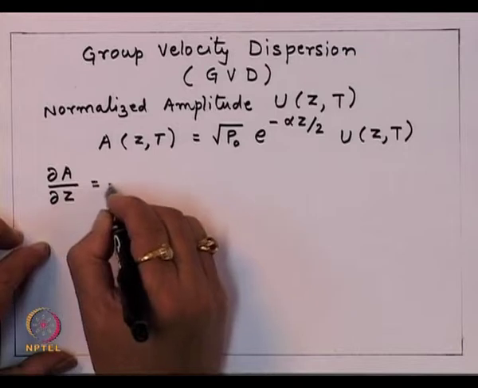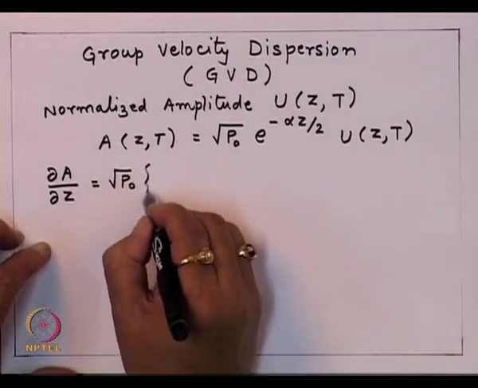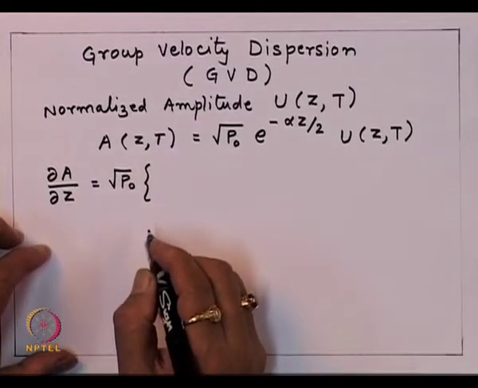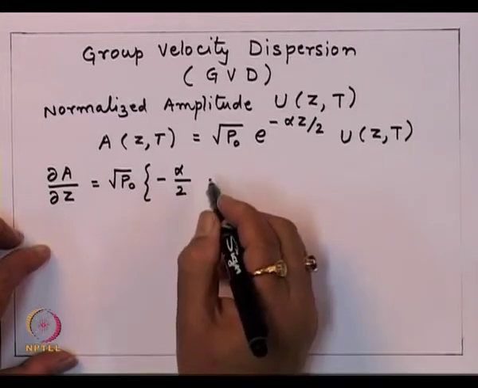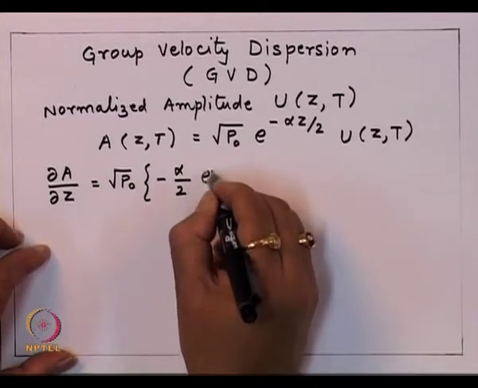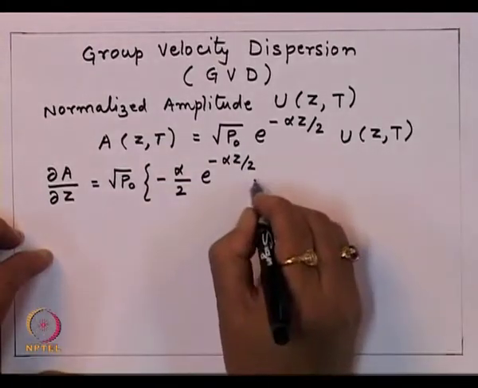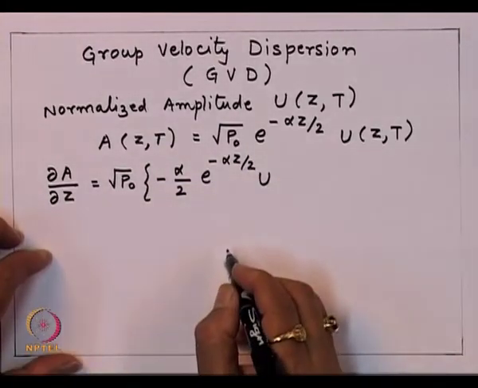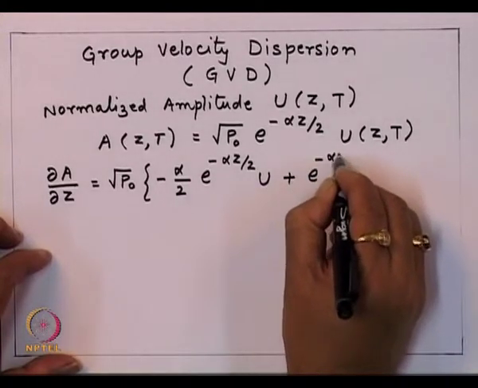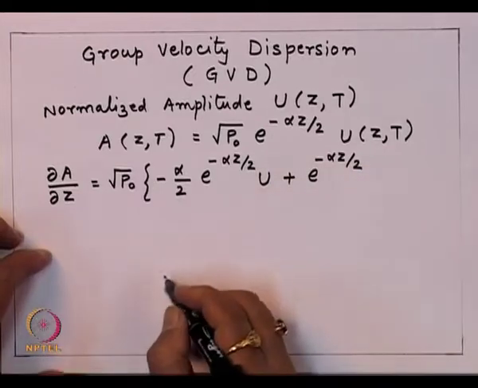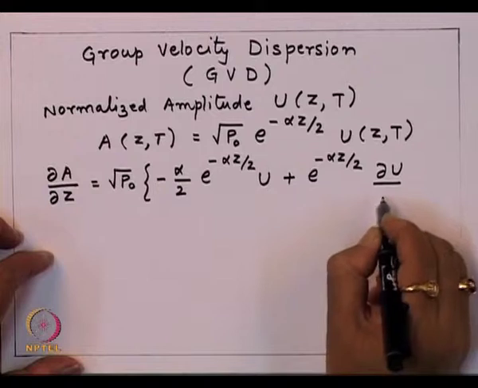That is equal to square root of P naught times minus alpha by 2 e to the power minus alpha z by 2 u plus e to the power minus alpha z by 2 du by dz.